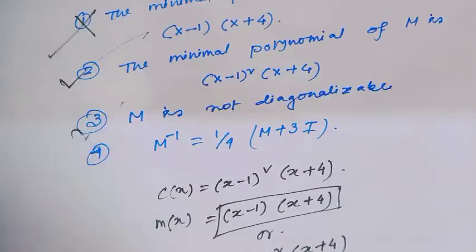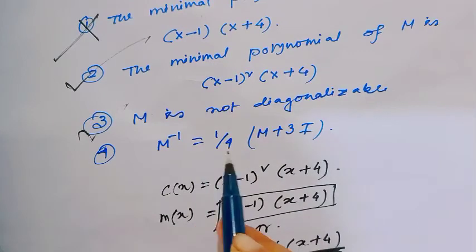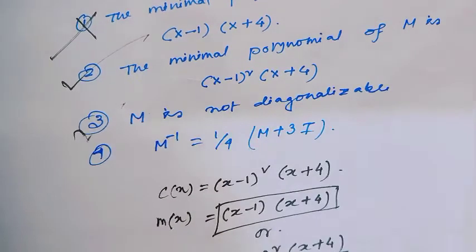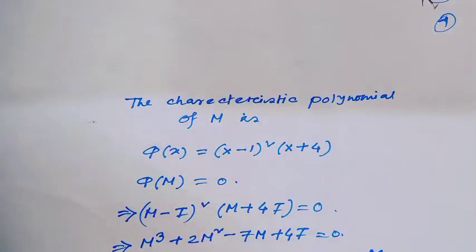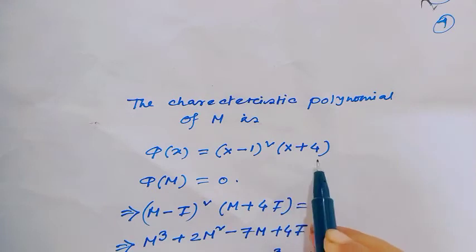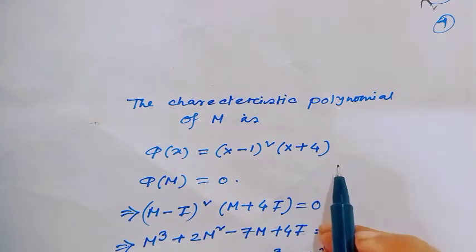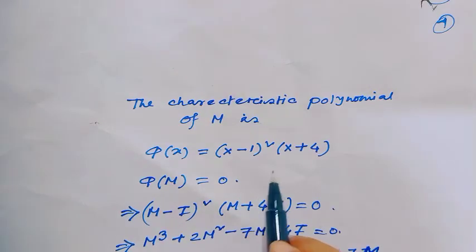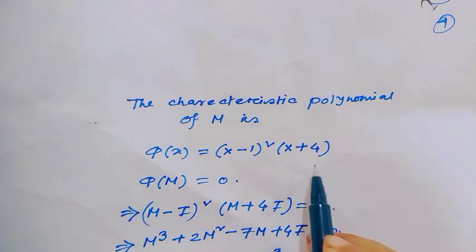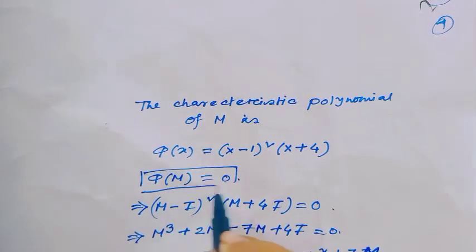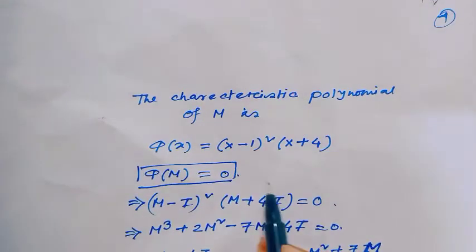Option 4 says M inverse equals 1 over 4 times M plus 3I. Since the characteristic polynomial of M is x minus 1 whole square times x plus 4, by the Cayley-Hamilton theorem, since every matrix satisfies its characteristic polynomial, phi of M equals 0.